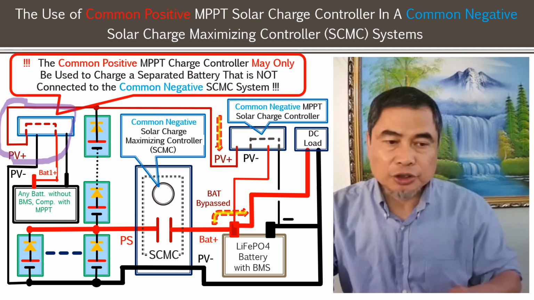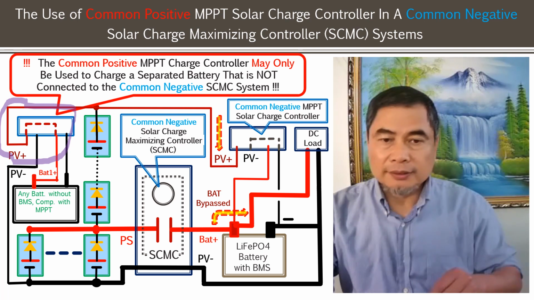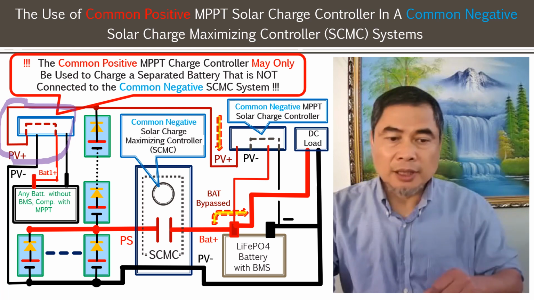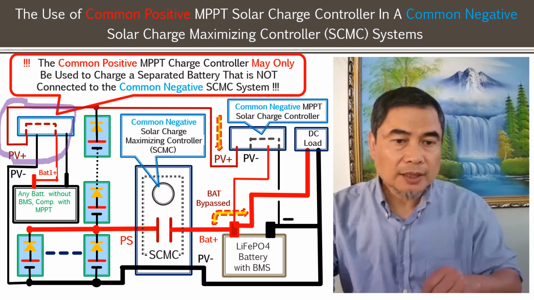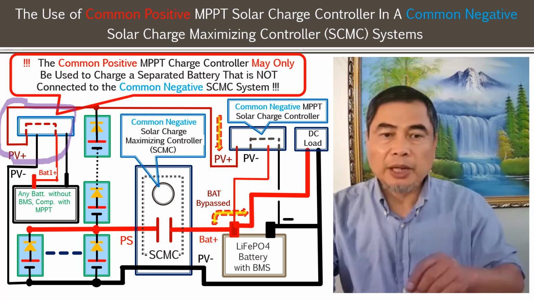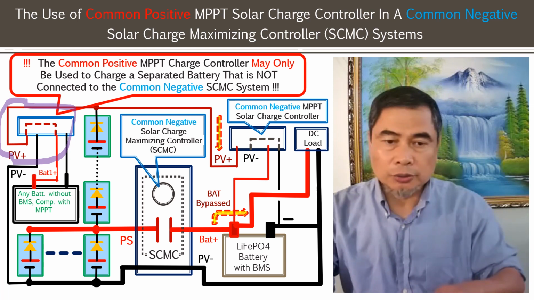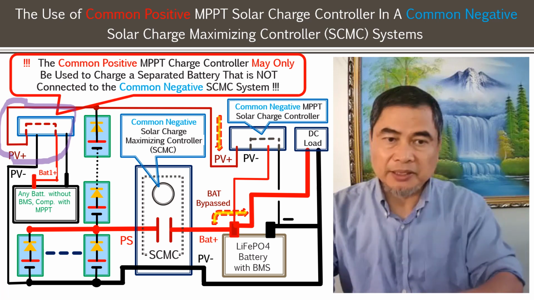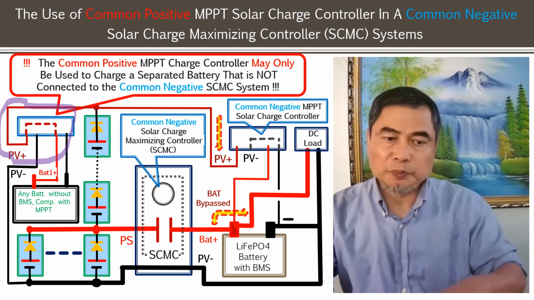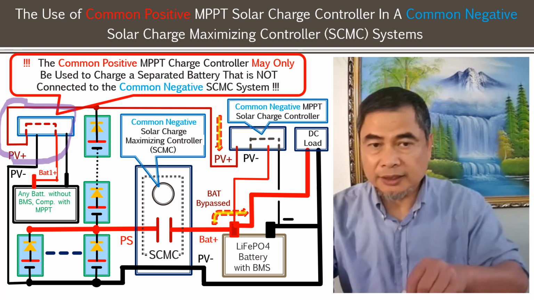It has a large capacity. The solid charge maximizing controller system has large capacity and powers heavy DC loads with a lithium iron phosphate battery bank. This is a typical solid charge maximizing controller system, but it's a common negative design.